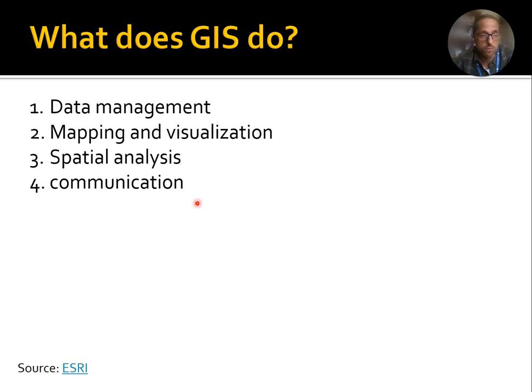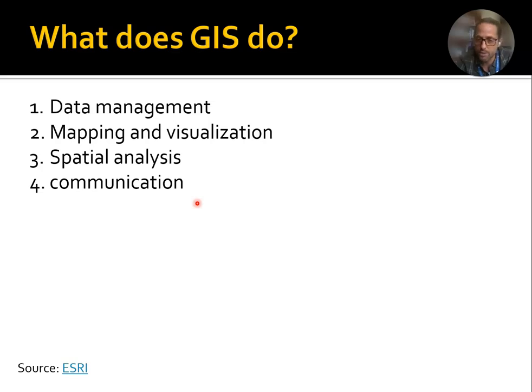You can do a lot of different spatial analyses with it. But I think a really important aspect that we haven't really addressed is communication. So GIS is a great communication tool. Just think about any number of businesses or organizations or governments that you see online, and they give you a map of whatever. It's a good way to communicate something. Let's say you're providing some sort of social service to citizens of the state of Delaware, and you want to give a sense of where you're doing your work and what kind of work you're doing.